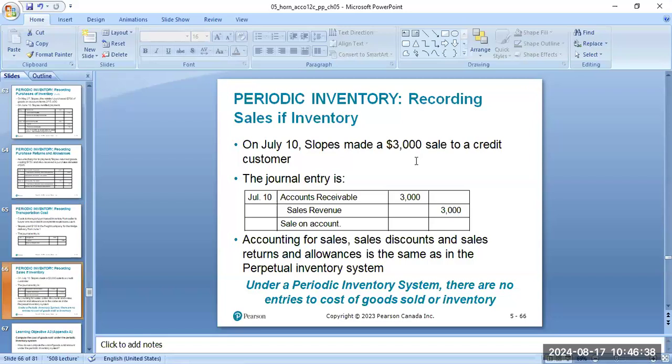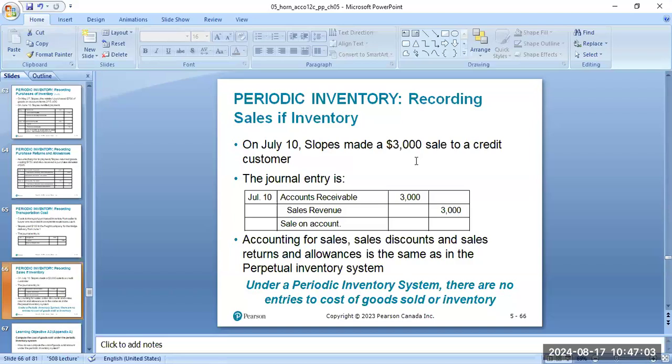That's when we purchase it. Now let's see what's going to happen when we sell it. When we sell on the periodic system, it's a little bit easier. Why? Because at the time of the sale, we don't have to record the cost of goods sold, because it's not available.